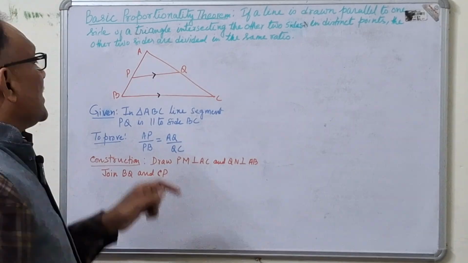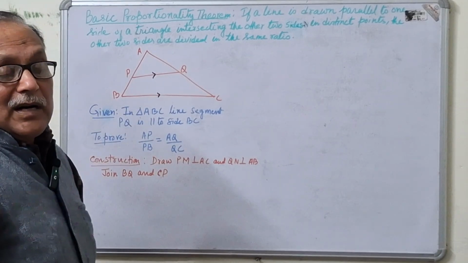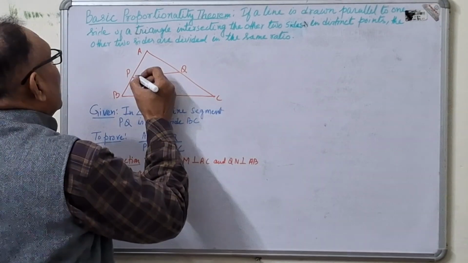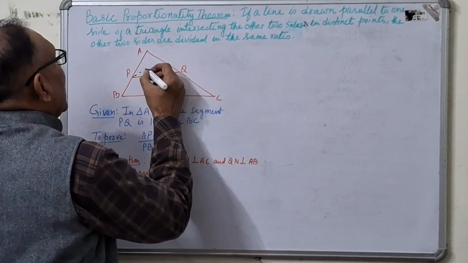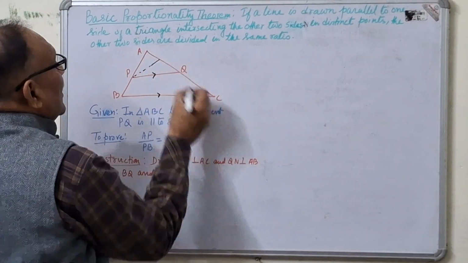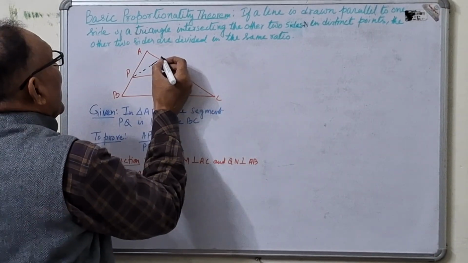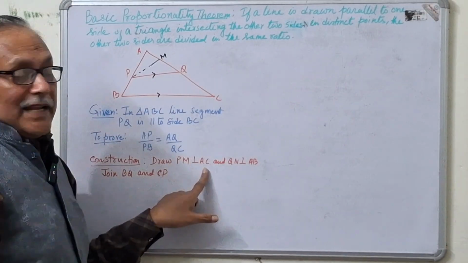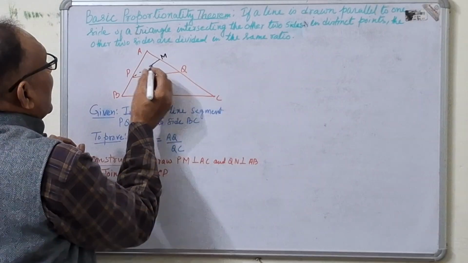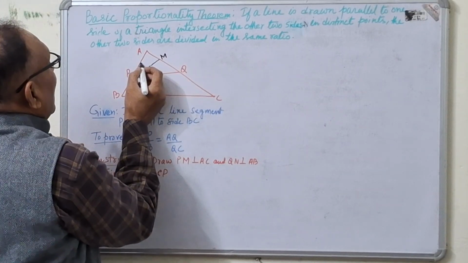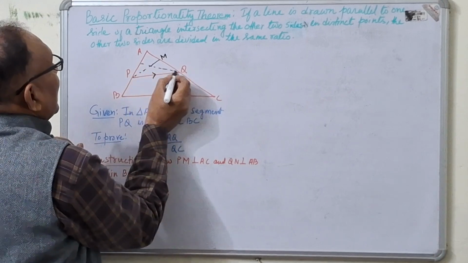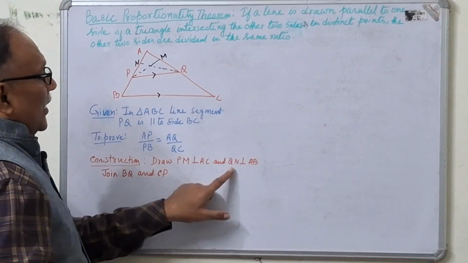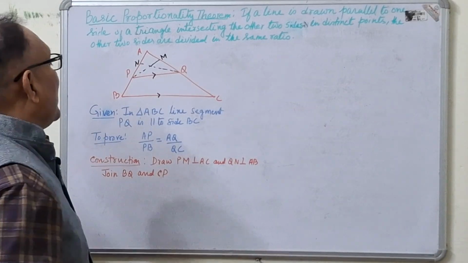Now, in order to prove this theorem, we have to draw a construction. We draw a perpendicular from point P to line AC, that is PM perpendicular to AC, and draw another perpendicular from point Q on line AB, that is QN perpendicular to AB.